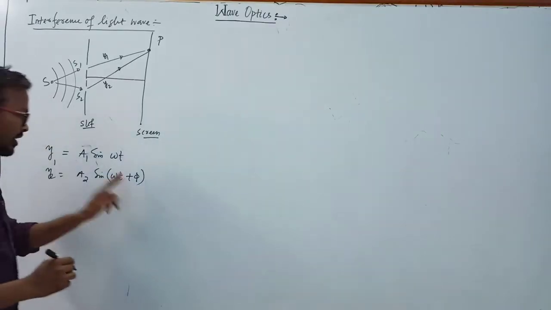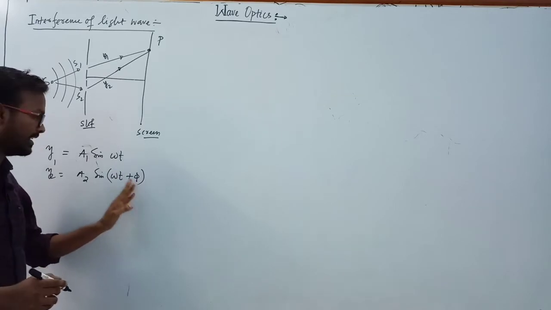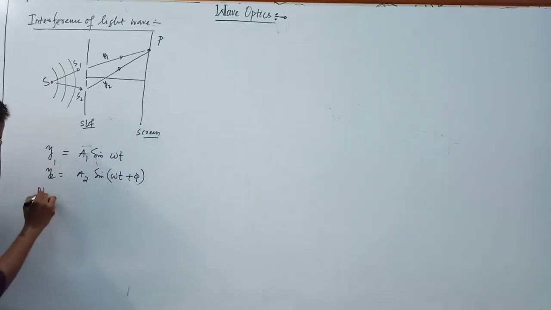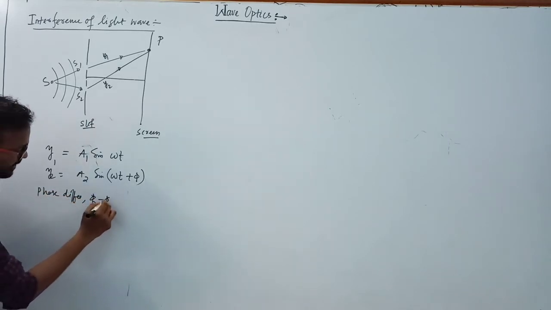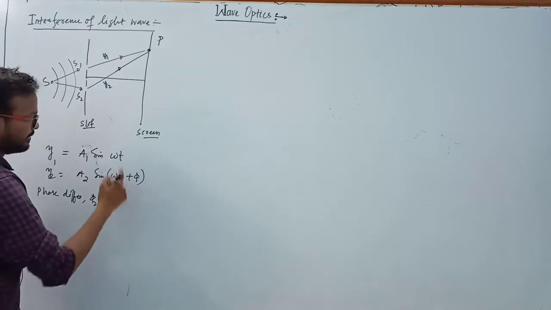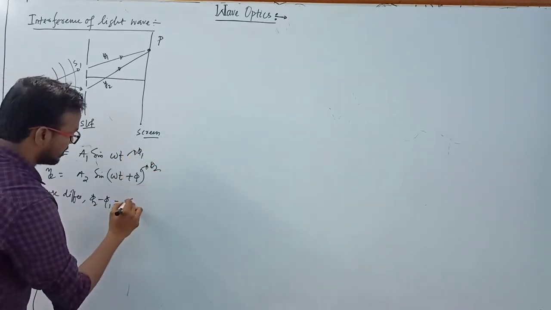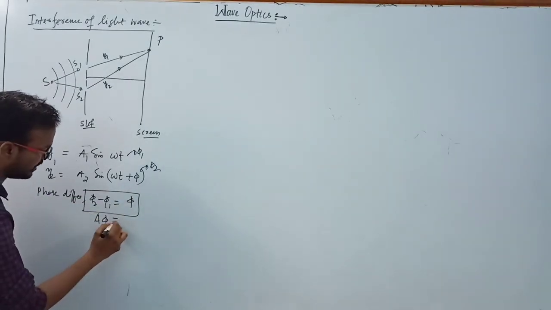What does plus phi mean? It means the second wave is traveling with a constant phase, and this phase is phi. The phase difference is phi 2 minus phi 1, which is phi.